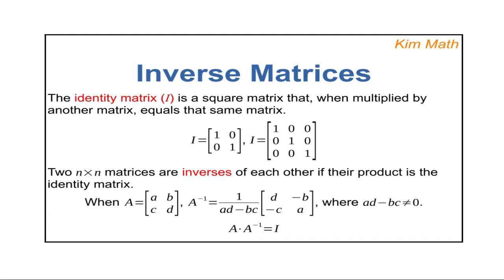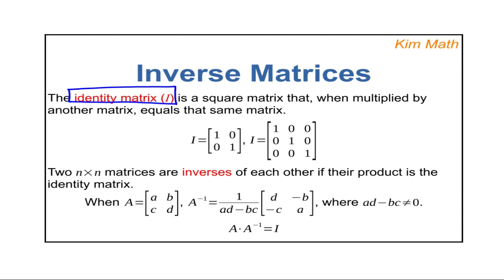First, we should clarify the identity matrix. Identity matrix is a square matrix, which means the same number of rows and columns.